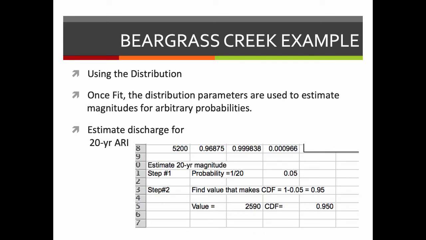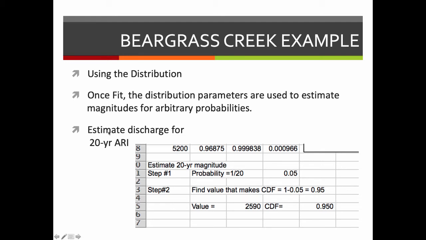Once we fit the distribution, then the distribution parameters are used to estimate magnitudes for arbitrary probabilities, or actually the other way around. You specify a value and you see what the probability is, and then you trial and error that to get what you want.